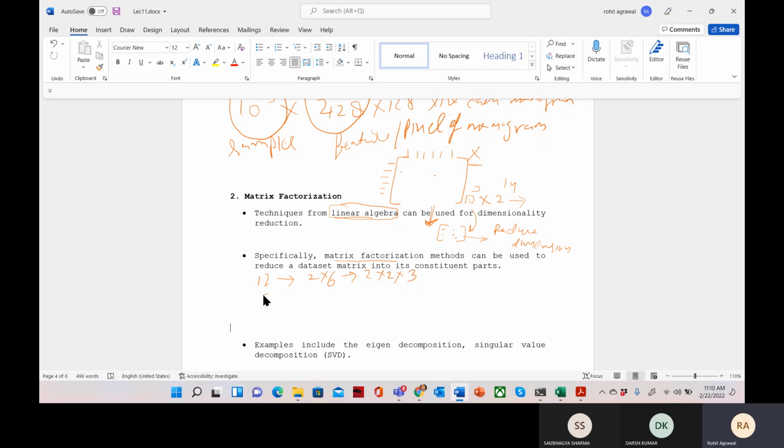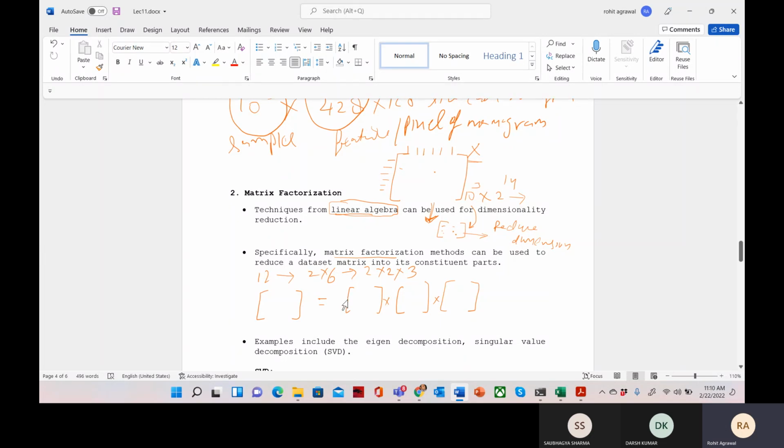So similarly, in numerical linear algebra, we are trying to write a matrix in the form of the multiplication of 2 or 3 other matrices. Got my point? Yes, sir. Clear?